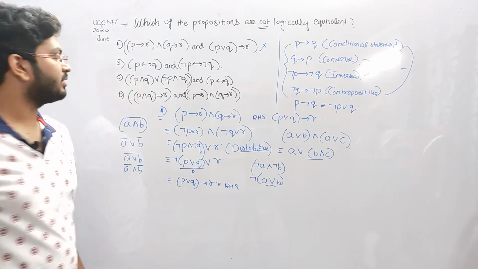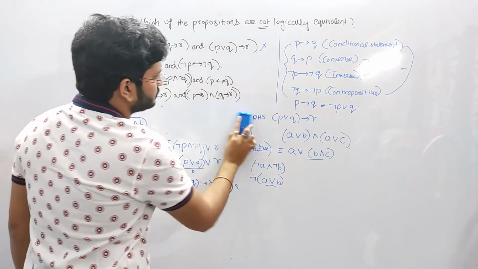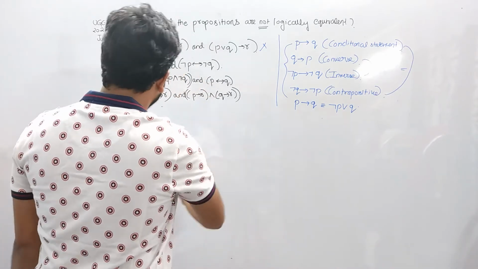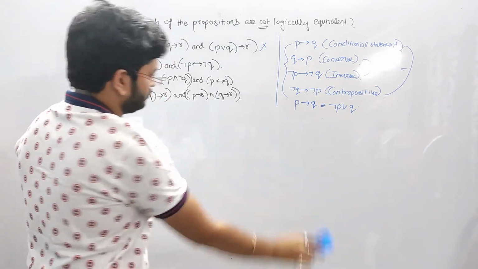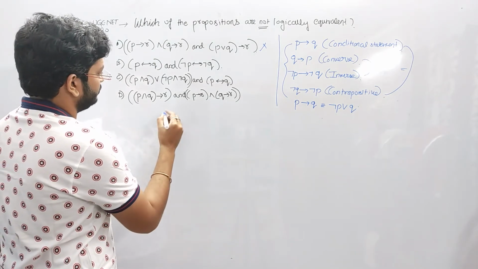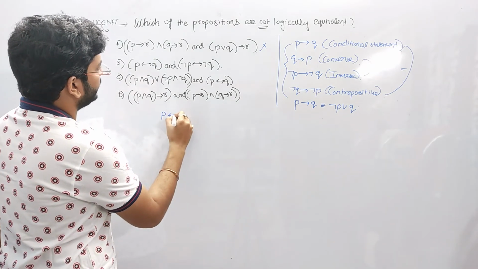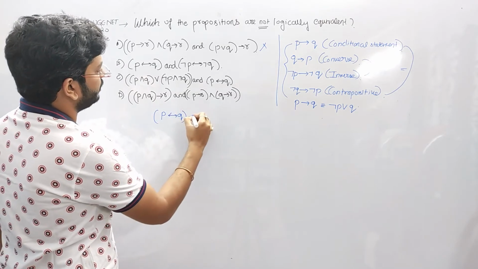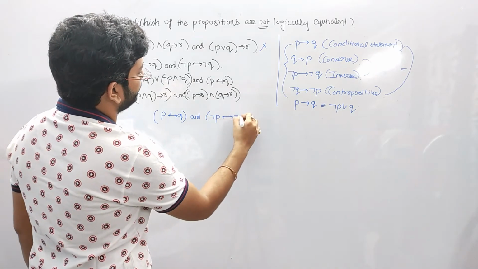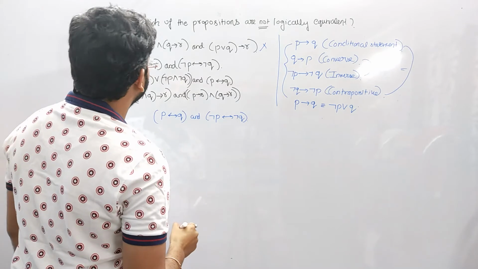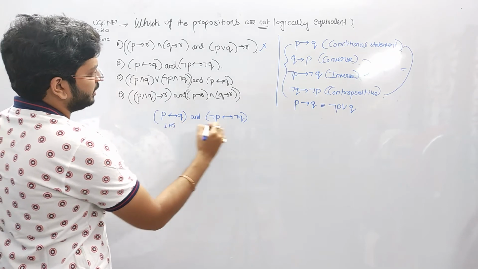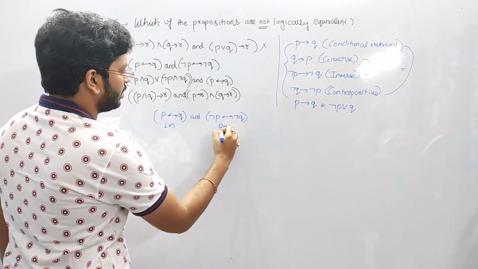Now coming to the second part. Second part is we have P biconditional, or we can also say double implies Q, and negation P double implies negation Q. This part is the LHS and this part is the RHS.